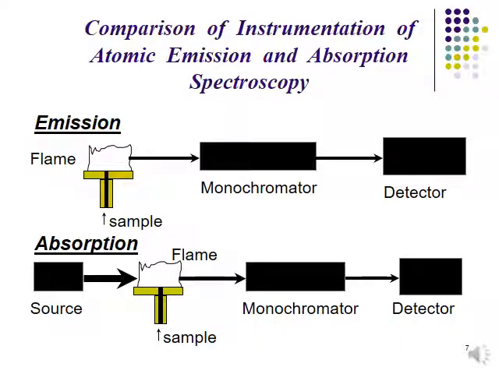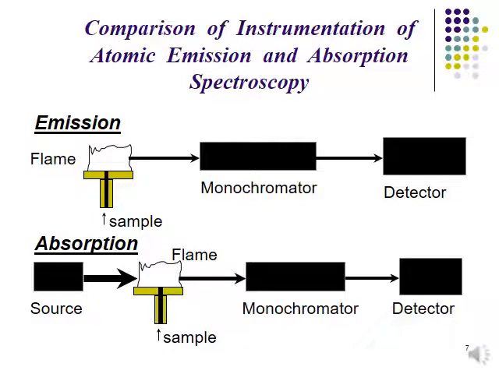Whereas for the absorption, you can see that it must have the source, and the sample will burn in the flame, and the same process after that, it will pass into the monochromator and go to the detector.